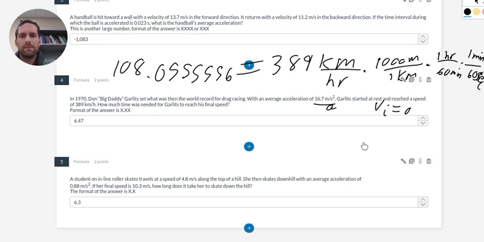So once I have that value, I have to use my equation for A equals V final minus V initial over time. And I have to solve it for time, so time equals that over A, both sides.